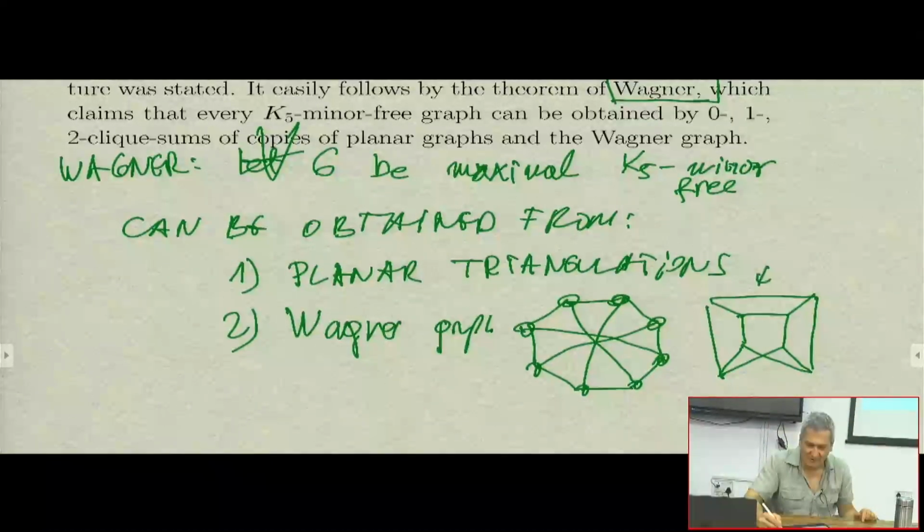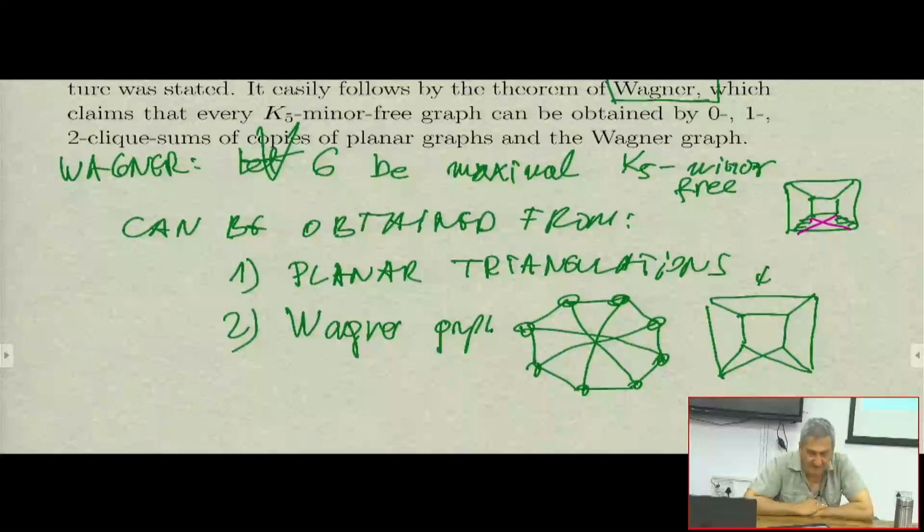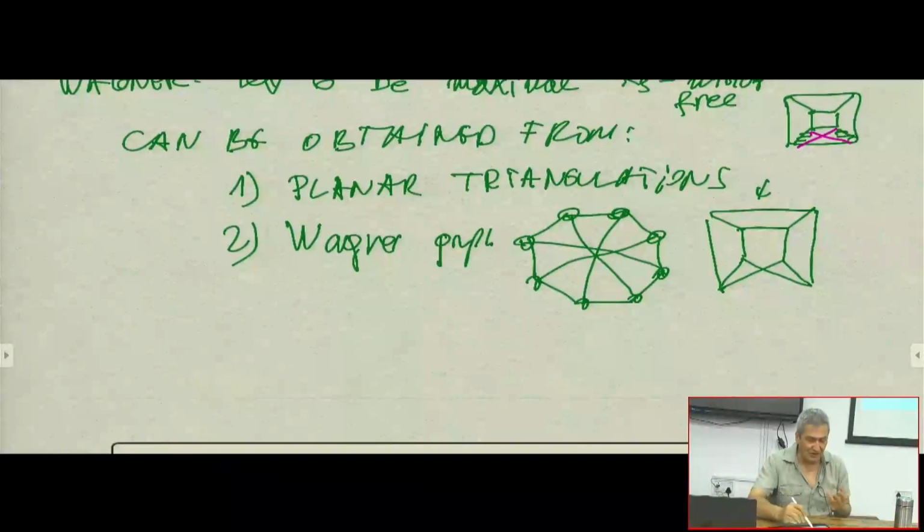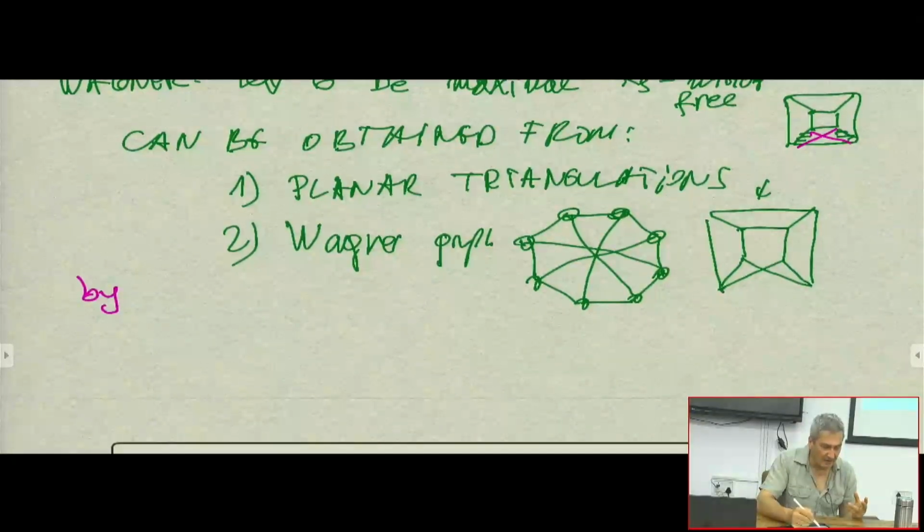So you start with the cube, and now you remove these two, and then you connect it like this. This is the Wagner graph or Mobius ladder graph, and so on. So every maximal K5 minor free graph, he proved this is a big theorem, can be obtained from planar triangulations and the Wagner graph by clique sums.